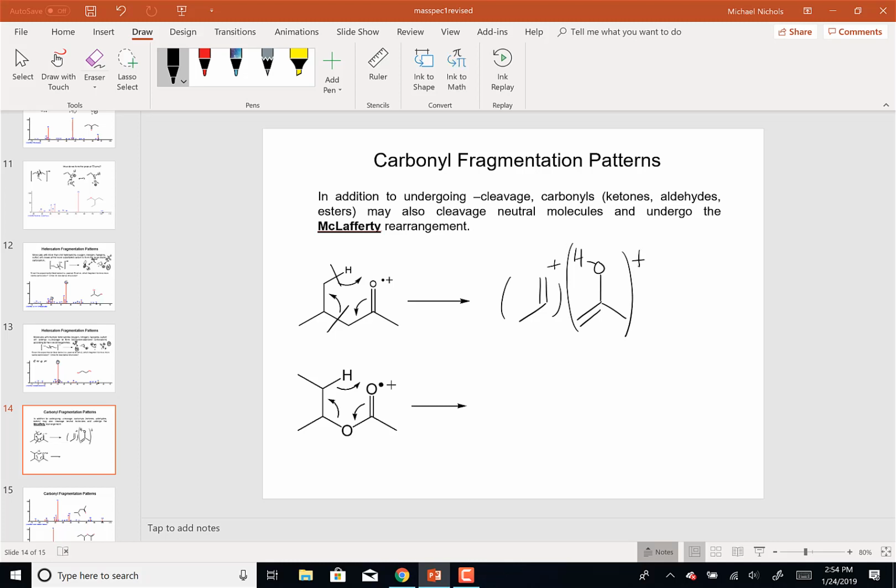And so when I break that apart into those 2 fragments, either one of those 2 fragments could be a carbocation, or they could be a neutral fragment. I'm getting a sense of deja vu with that. On the right-hand molecule, what is that called?